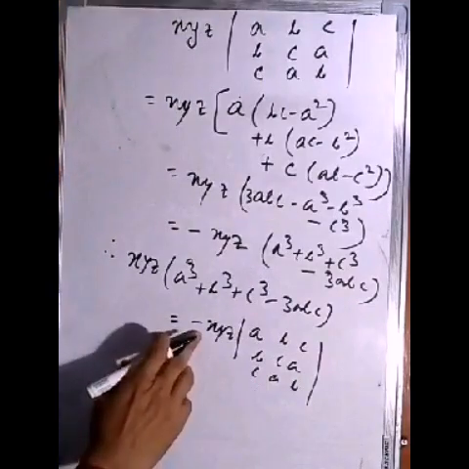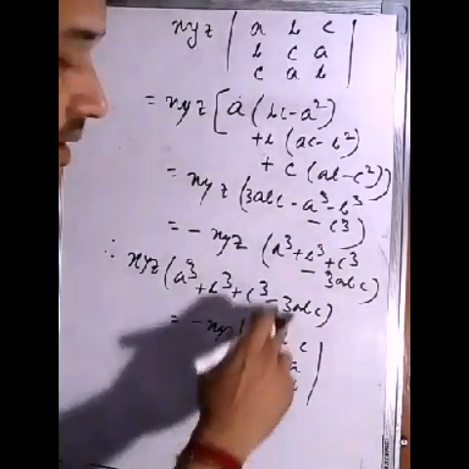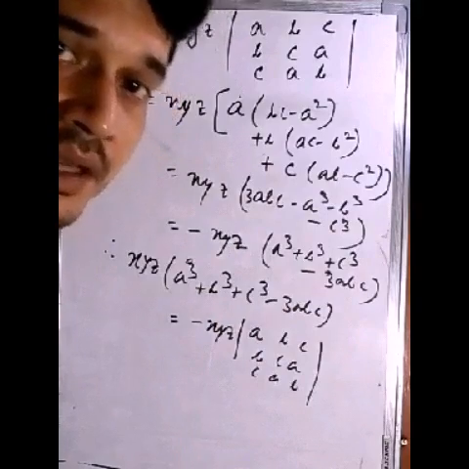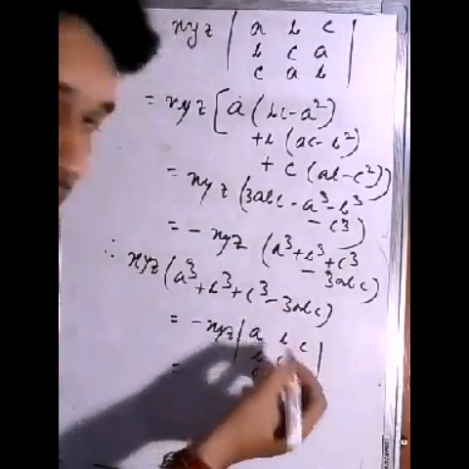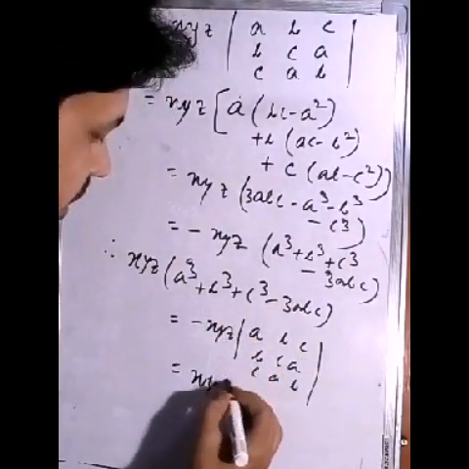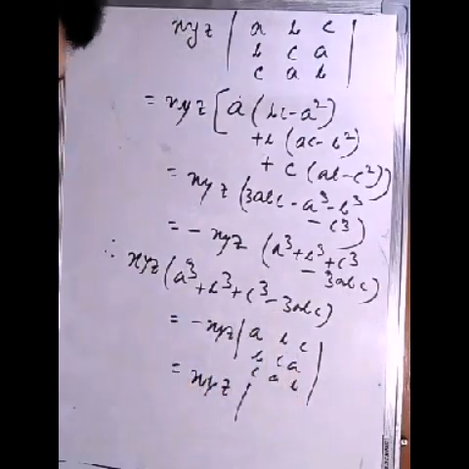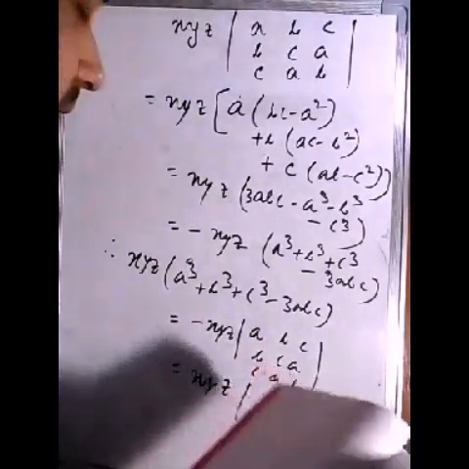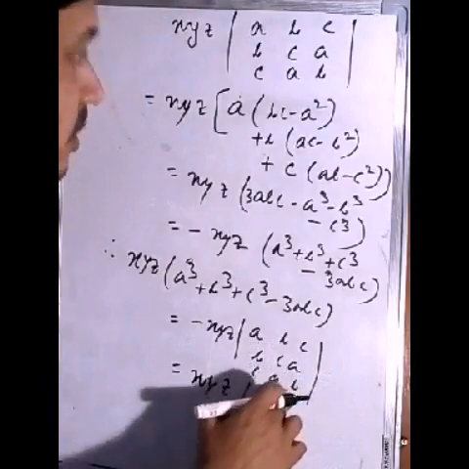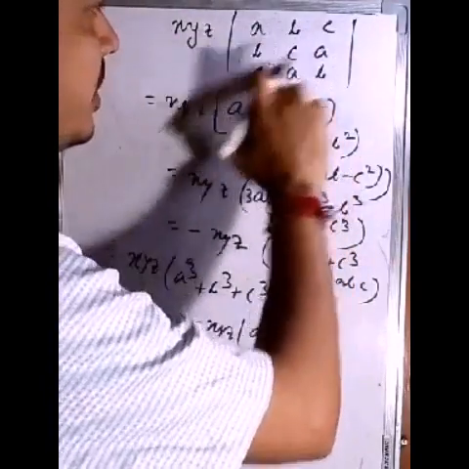Now multiplying by minus, a determinant changes its two rows interchanged. So to get the required result, we have to interchange R2 and R3, because we have started by taking ABC, BCA, CAB.